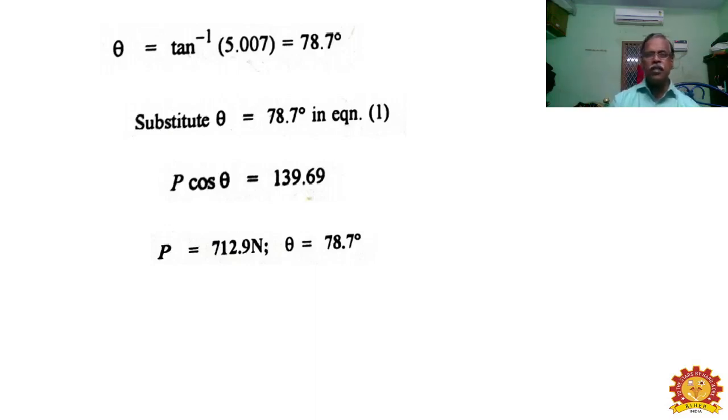It's very, very simple when compared to the previous problem, and I hope that every student is clearly understanding this resolution of forces by using these three formulas at the most. Thank you.